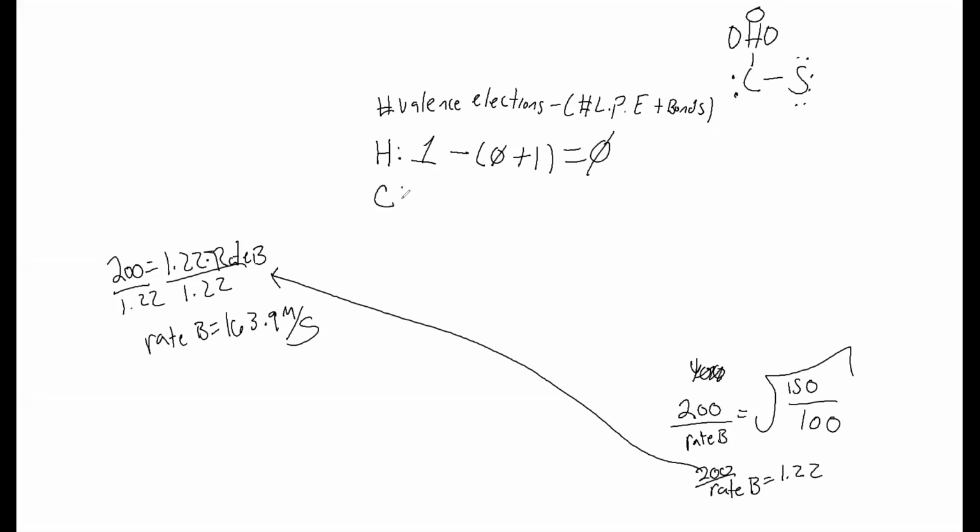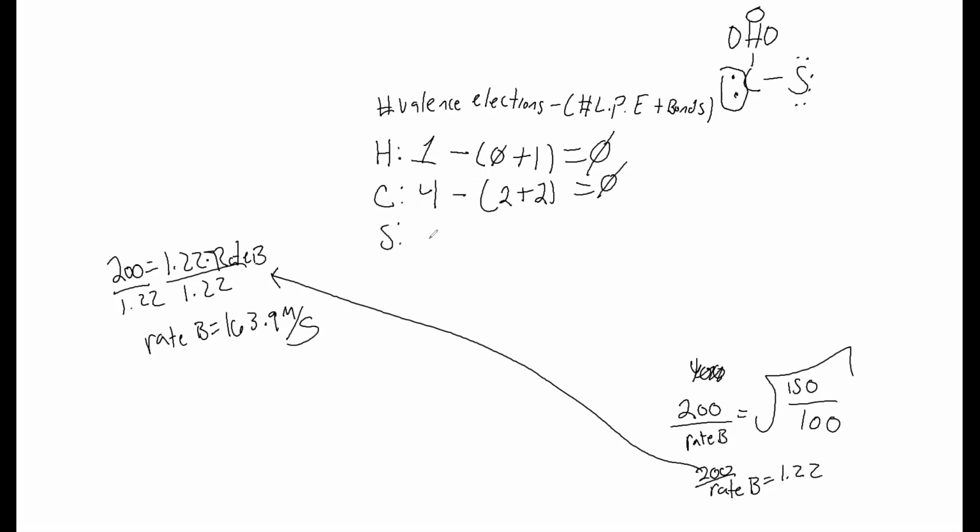Let's do carbon. Carbon has 4 valence electrons minus 2 lone pair electrons, plus 2 bonds. So this is 4 minus 4 equals 0.